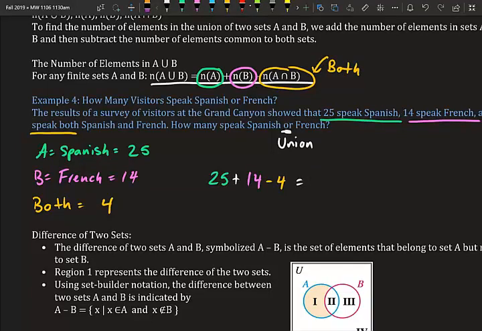I was going to put 19, my bad. It's 35. I was looking at all the wrong numbers. So it's the number of whatever you designate A to be, which is 25, and then adding the number of whatever you designate B to be, which is 14, and then we need to subtract how many speak both, which is 35.